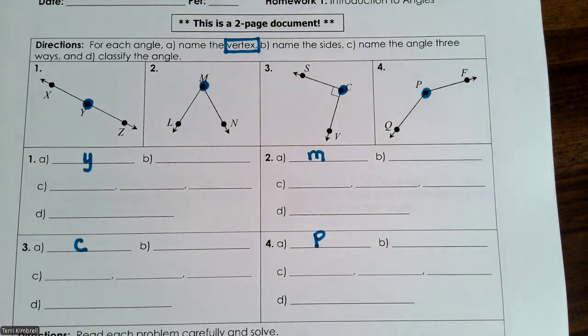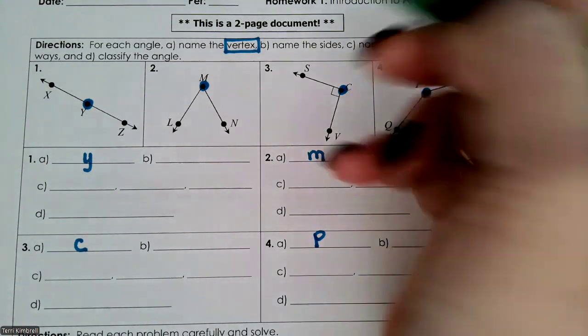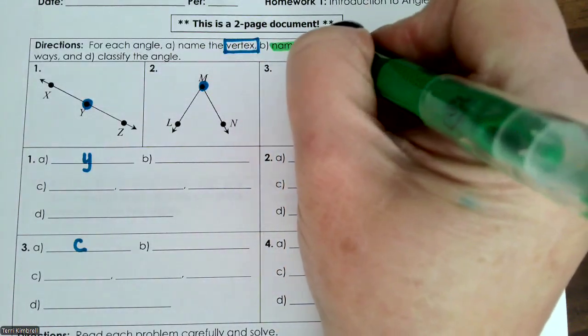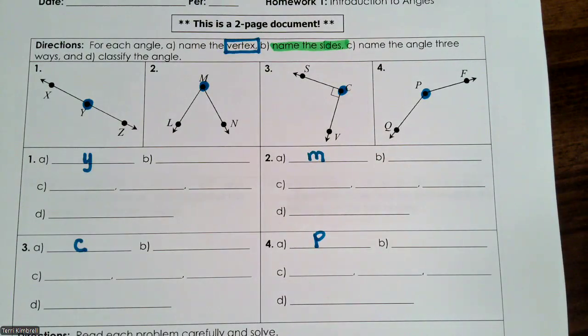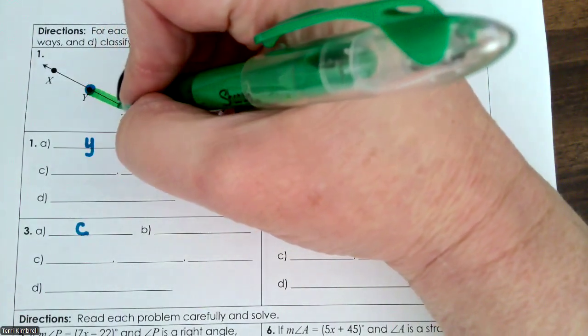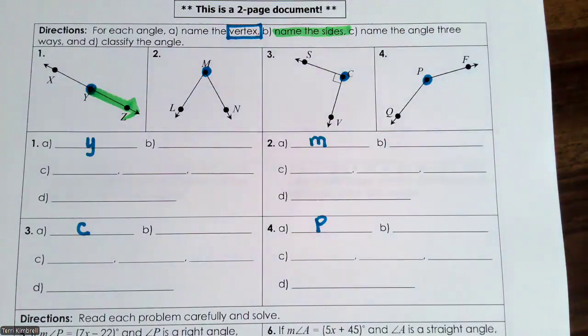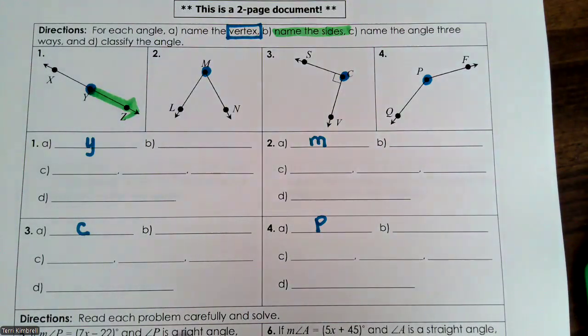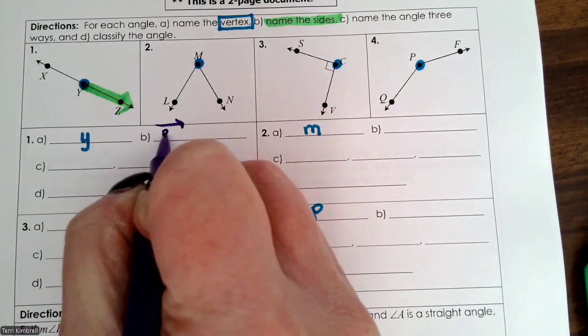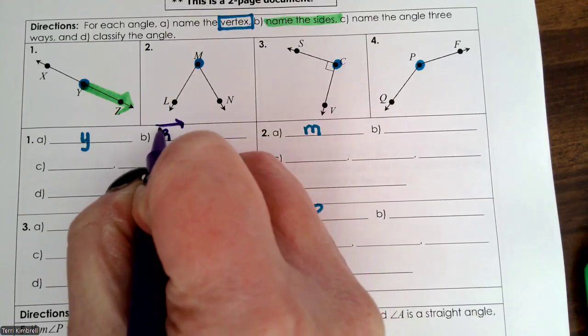Okay, then it says to name the sides. So when you're looking at a side, you want to start with the vertex. So we would start with Y, and that side would be from Y to Z. So I'm going to list that as a ray, because remember, the angles are made up of 2 rays.